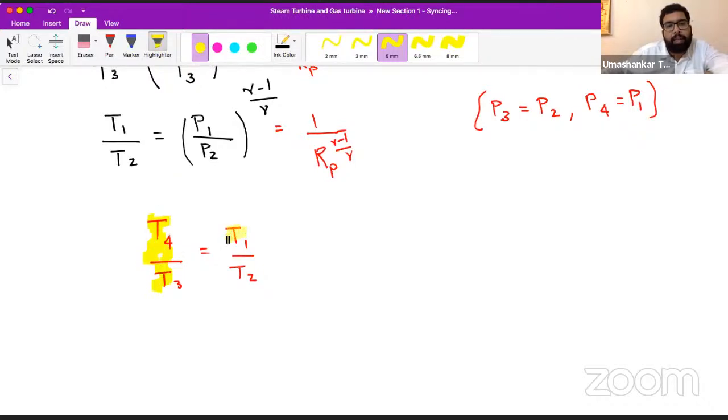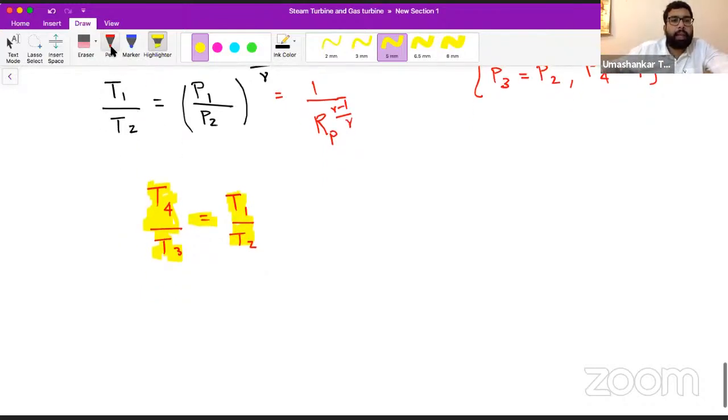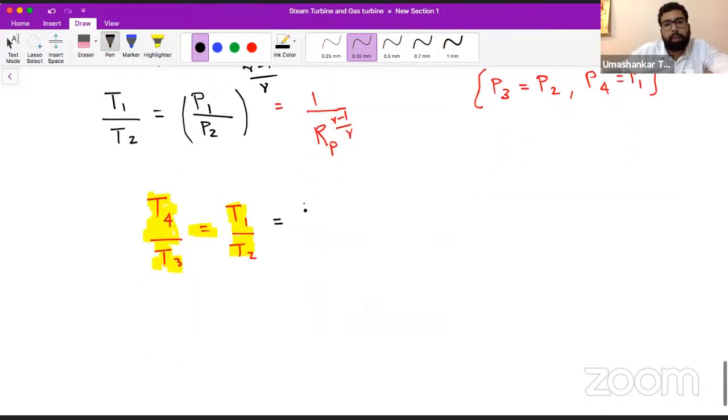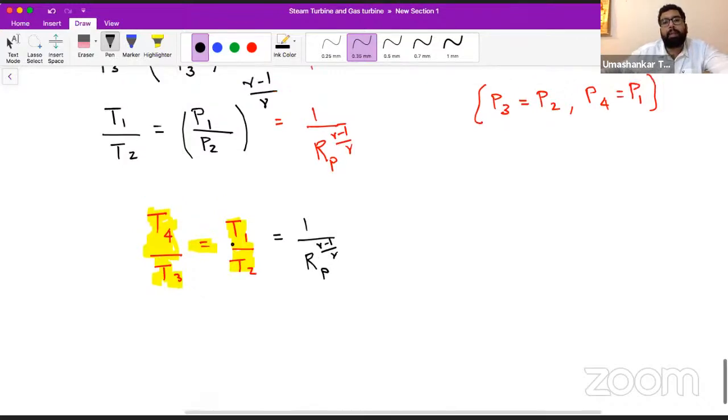So from here we can say, I have just highlighted it because it's a very useful thing, and already we know all these things, but I am highlighting it because this is important. This is what we are going to use. And you can say from here that both of these are equal to the same thing, and that is equal to Rp to the power gamma minus 1 by gamma.